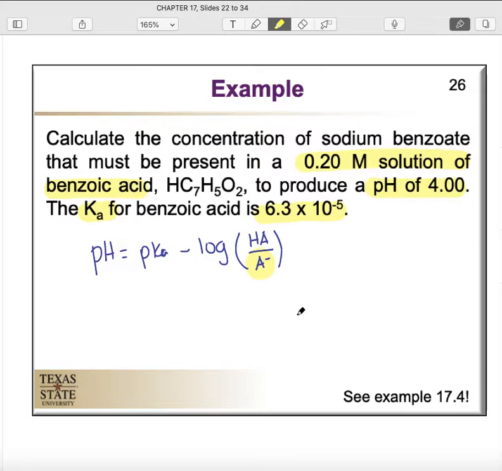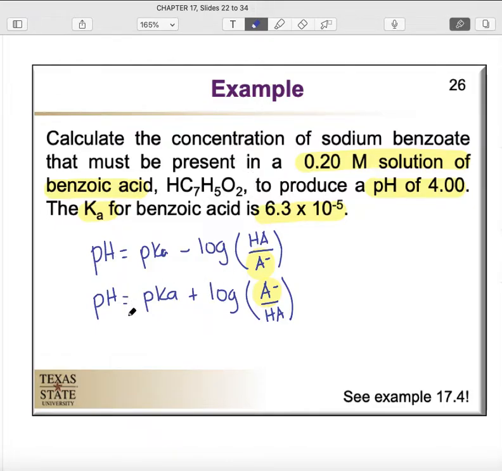So it might be in my best interest to utilize the other version of the equation, which is pH is equal to the pKa plus the log of my base divided by my acid. And the reason why I'm choosing this is because now my base is in the numerator. And so that's a little bit beneficial. It might save me a couple of steps of algebra.